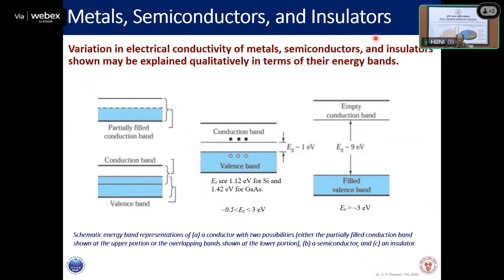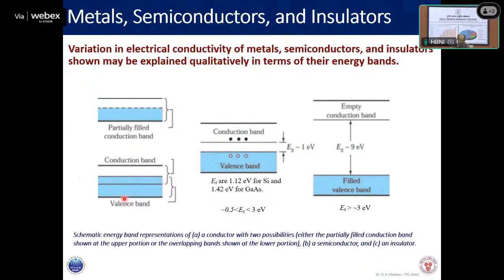One definition we saw yesterday is in terms of conductivity: metals have very high conductivity, insulators have very poor conductivity, and semiconductors have conductivity in between metals and insulators. Here we can understand the difference in terms of the band gap. The variation in electrical conductivity of metals, semiconductors, and insulators may be explained qualitatively in terms of their energy gap.